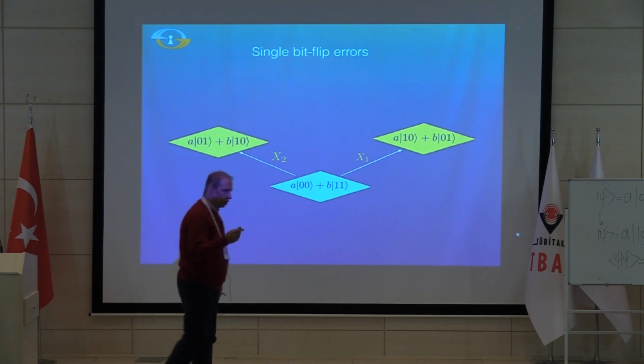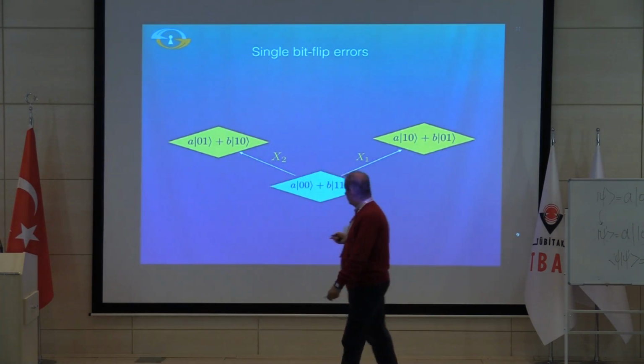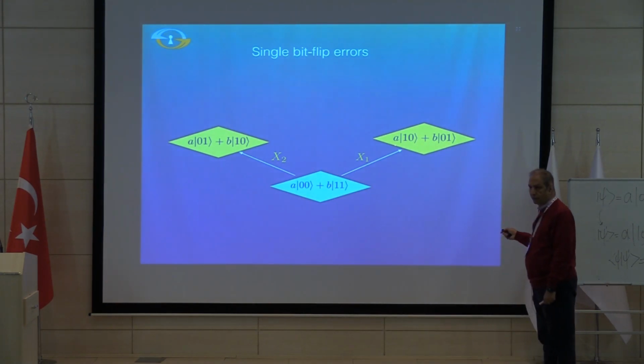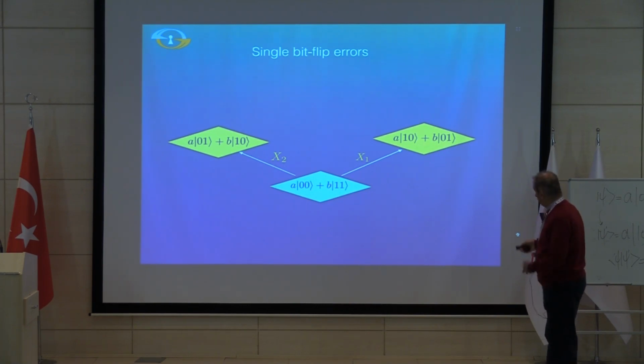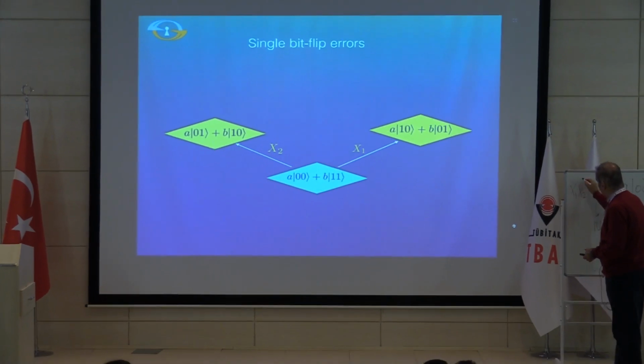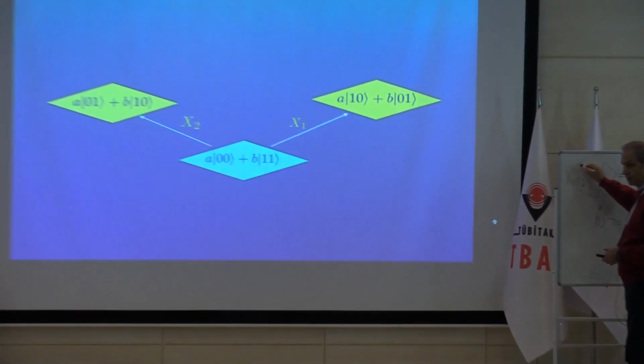Suppose that I just say by chance that this error has happened, x1 has happened. Then, by chance, I say that x2 has happened. Then I act by x1 and x2, because this is the error that has happened.